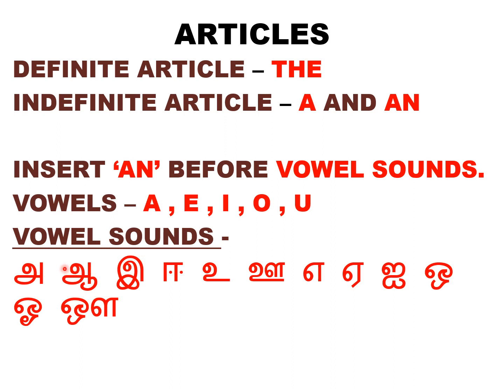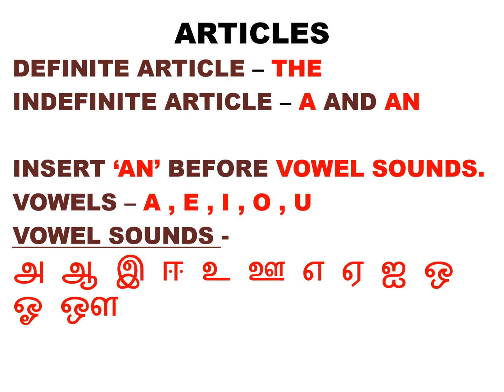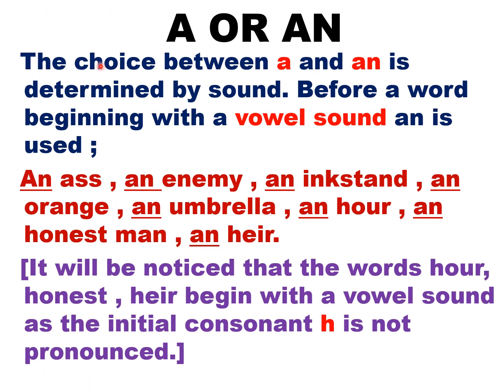If a word begins with these vowel sounds, we must use the indefinite article an. The choice between a and an is determined by sound. If a word begins with a vowel sound, we must use the indefinite article an.